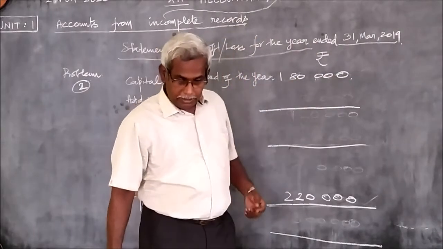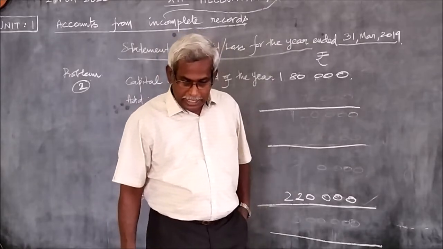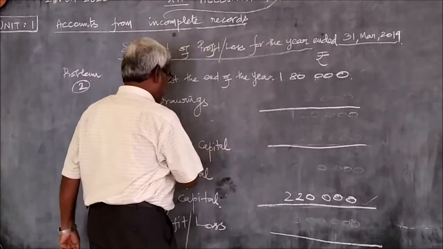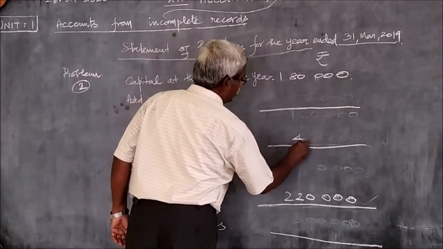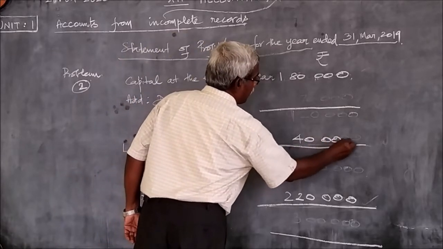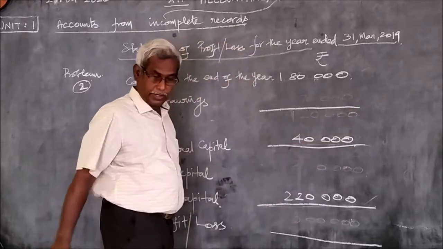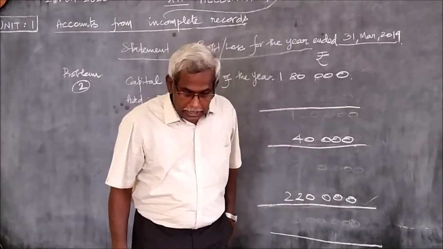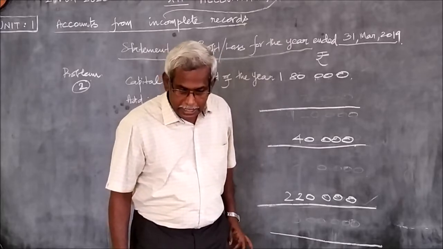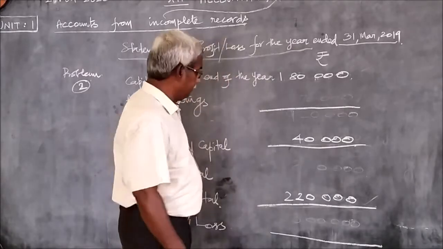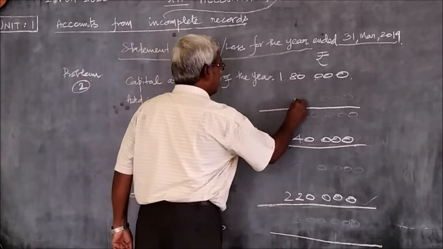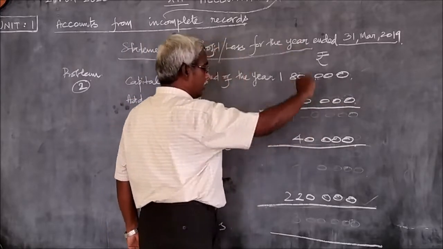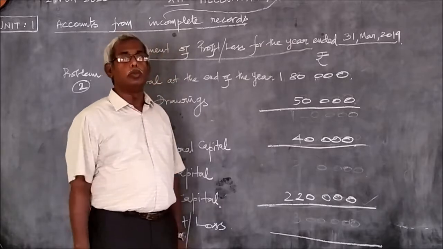The third item given is additional capital introduced during the year, 40,000. Then the fourth item, drawings made during the year, 50,000. So what will you have to do?